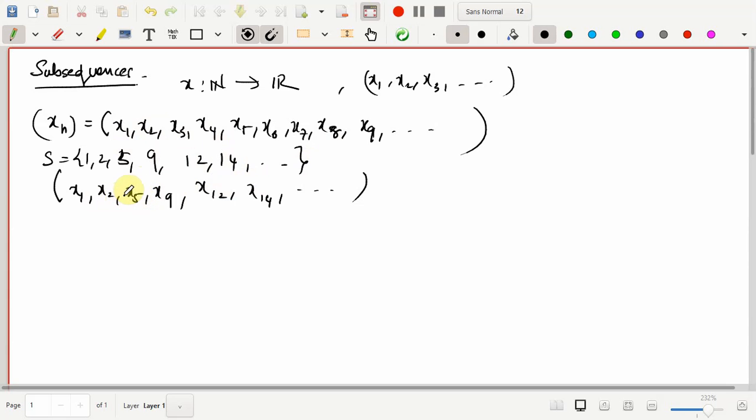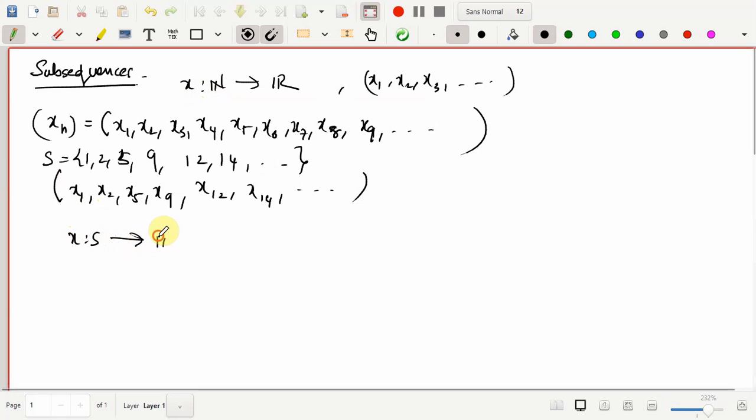For example, I have not taken x3, x4, and I went directly to x5. Then again from x6 to x8, some terms are missing. The reason is that I am restricting this function to the set S, instead of having it go from natural numbers to real numbers.